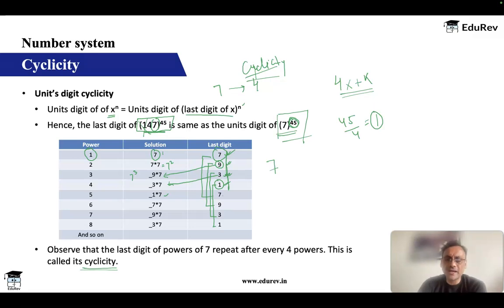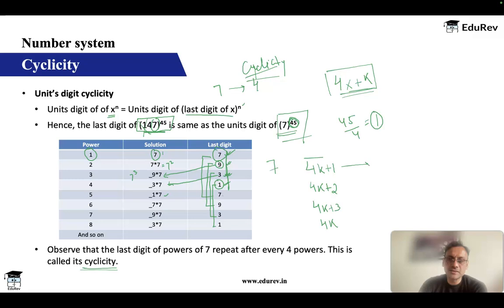When we write in this format, basically your power, if it is 4k plus 1, if it is 4k plus 2, if it is 4k plus 3, and if it is 4k, these are the 4 possibilities. Now, the first part you can see, 4k will get completely divided by 4. What you will be left with is 1, 2, 3 or 0.